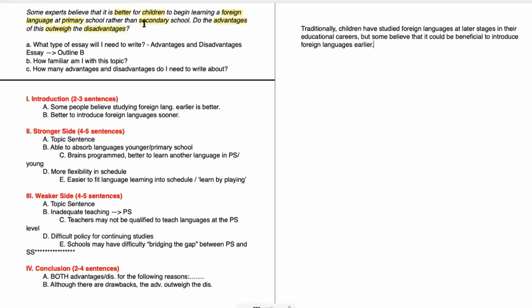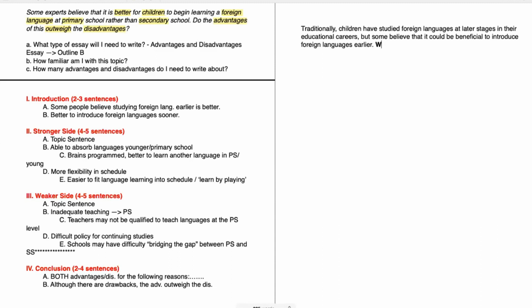The fact that the writing prompt says rather than secondary school, it implies that children learn foreign languages in secondary school. So that, based on my outside knowledge, has led me to write this opening sentence. Now for my thesis statement, I'm going to put that in bold because that is what we'll need to reference and support throughout our writing.